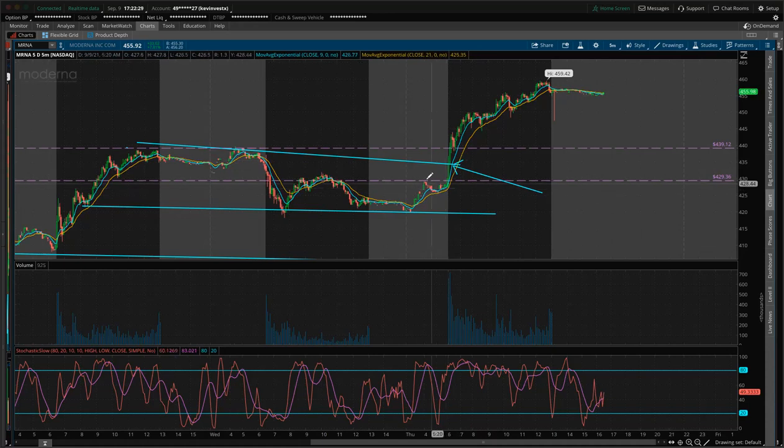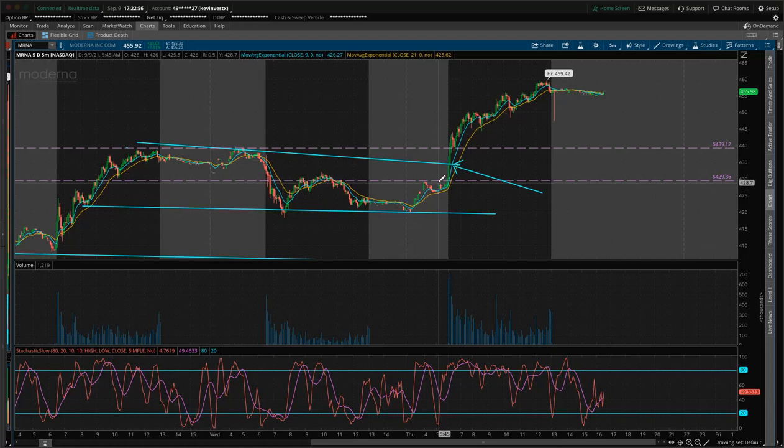The breakout of the pre-market high is at 429. But sometimes you might not want to wait for it to go to 439, because there is no way for you to know if mRNA was going to skyrocket the first 5 minutes today. So this is why it's always important to buy more than one contract.